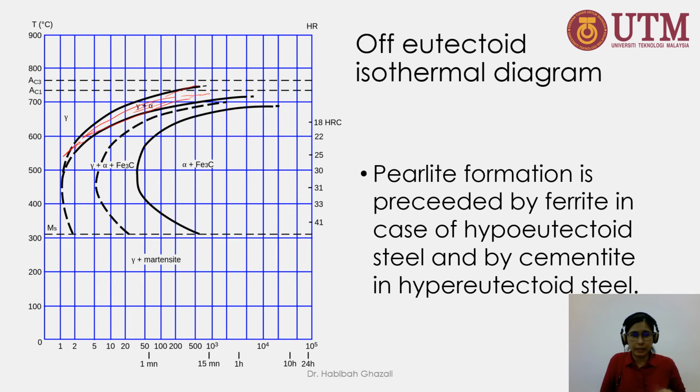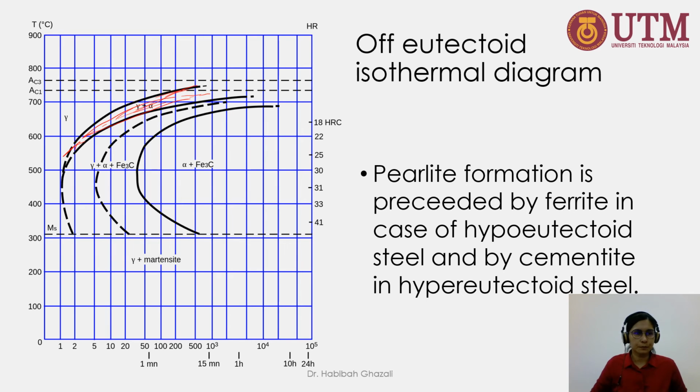The way to read it is the same as the way we read the TTT diagram for eutectoid steel. So here the pearlite formation is preceded by ferrite in the case of hypoeutectoid steel, whereas for hypereutectoid steel, you would expect this region here where cementite will be formed first.